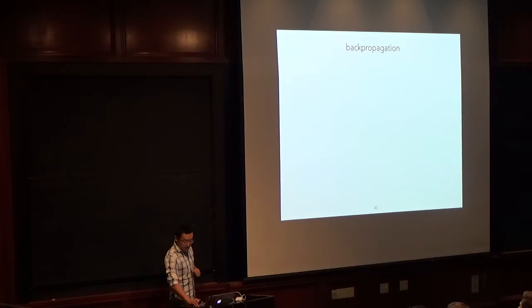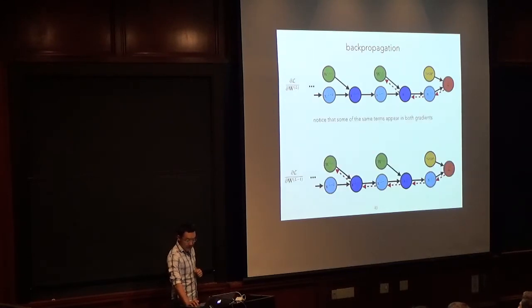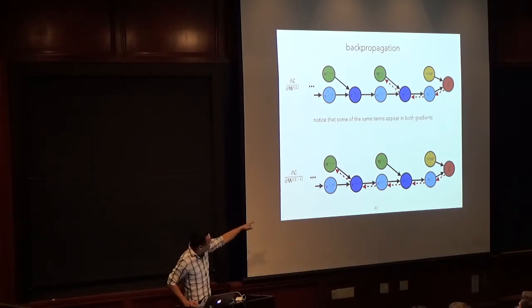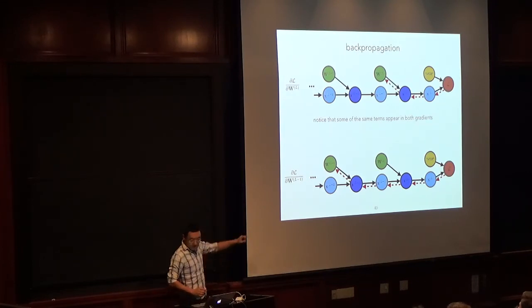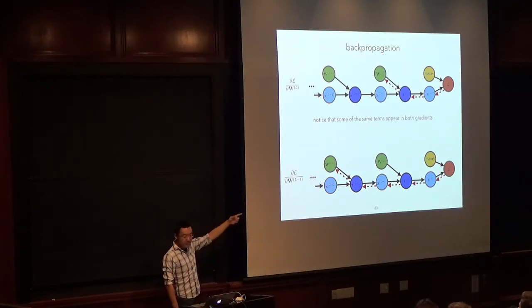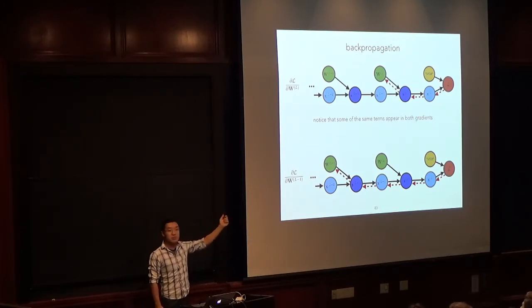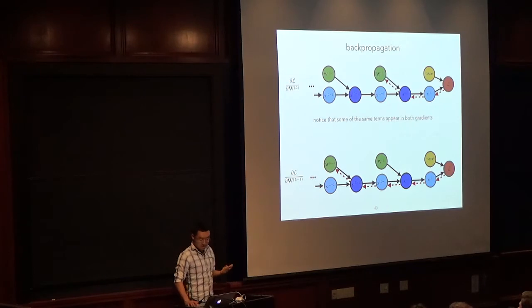One thing that's interesting is that the gradient of the last layer and the gradient of the second to last layer share two terms in common, right? You see the path, the red arrow path, in the top diagram and the bottom diagram share two links in common.